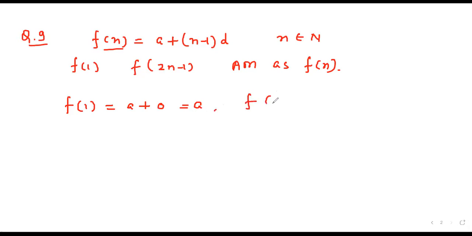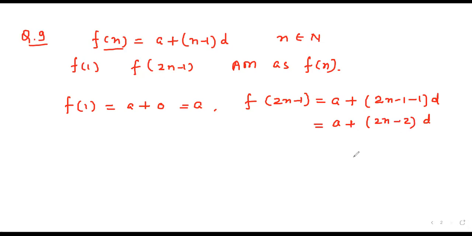And f(2n - 1) will be equal to a + (2n - 1 - 1)d, that is a + 2d(n - 1).